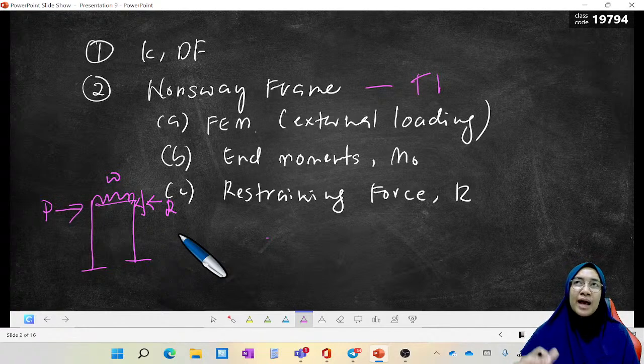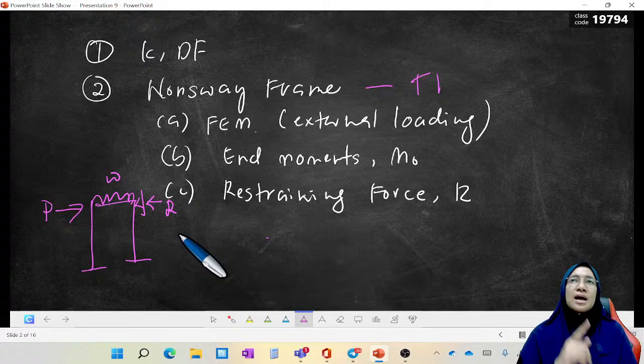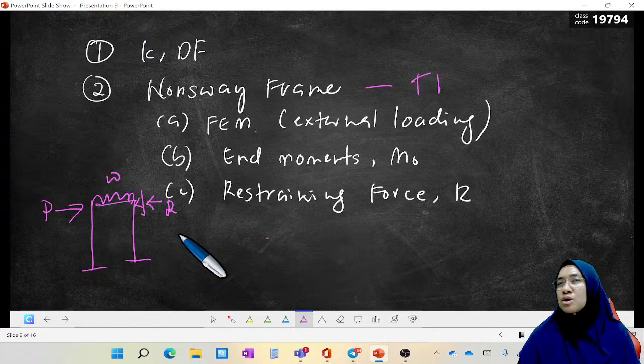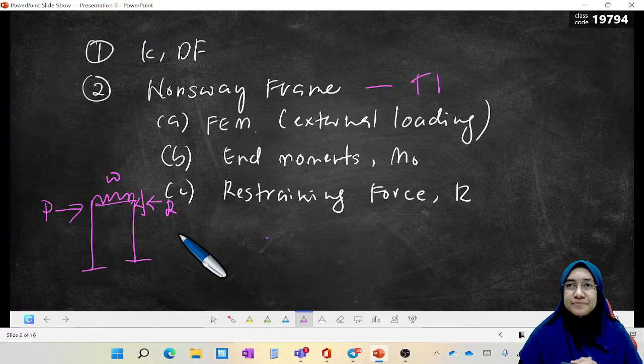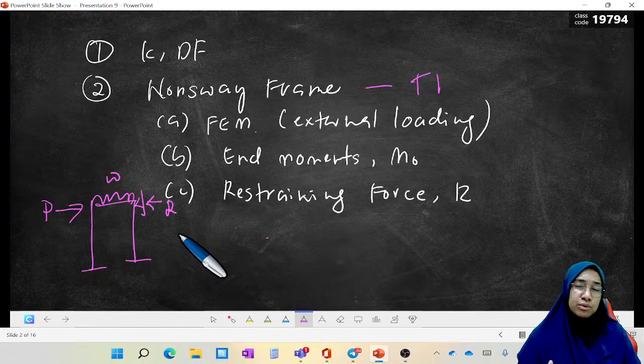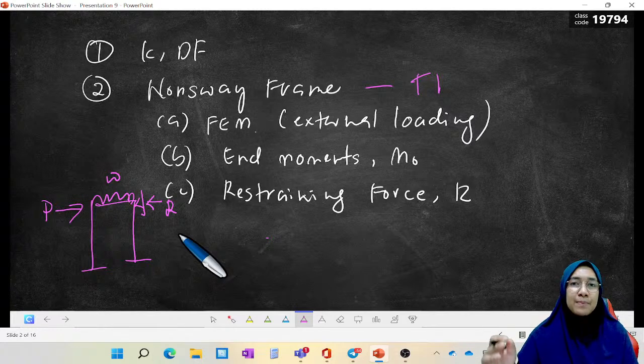We will use this FEM as the first member end moment in the table, because in the table we distribute moment, and the moment that we distribute comes from member end moment. However, under the distribution process, the moment that we distribute is not member end moment, but joint moment.